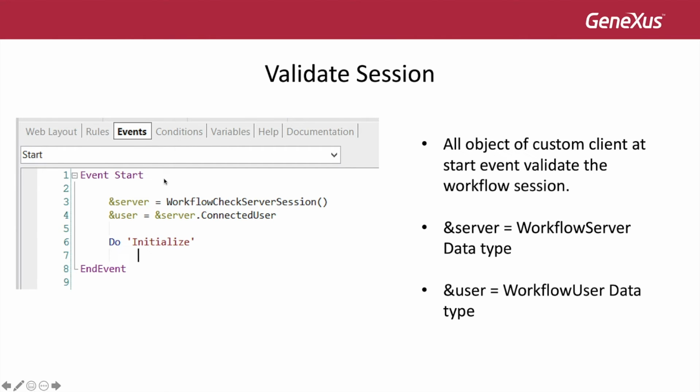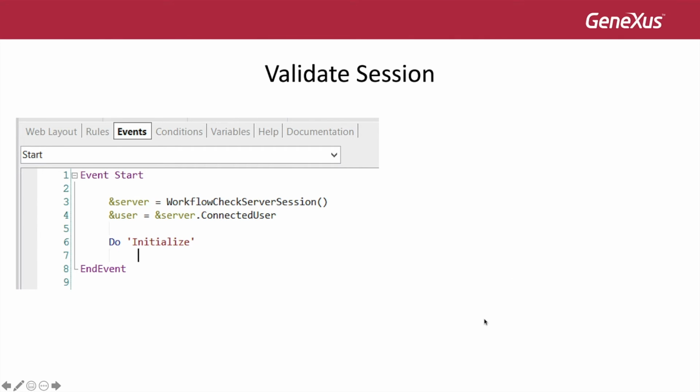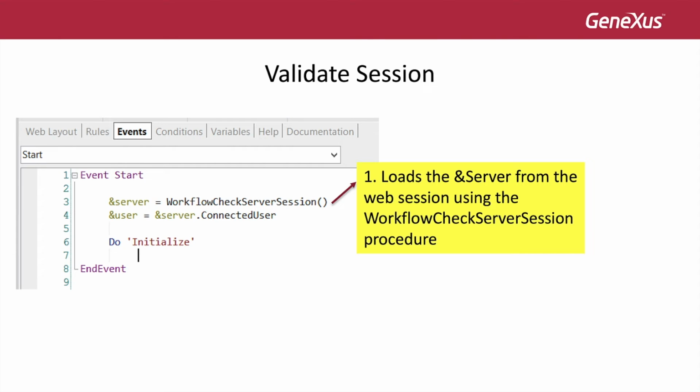Here we have two variables: the server variable, which is of the GXflow server data type, and the user variable, which is of the GXflow user data type. First, it's going to load the GXflow server variable from the web session using the GXflow check server session procedure, which we're going to see in the next part of the course.